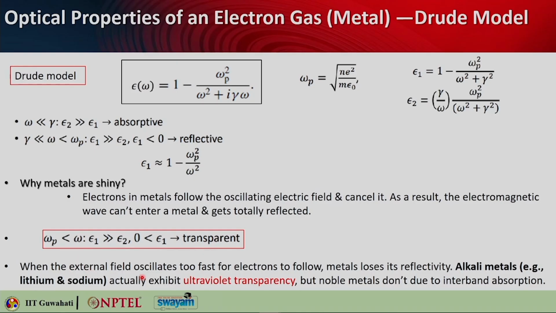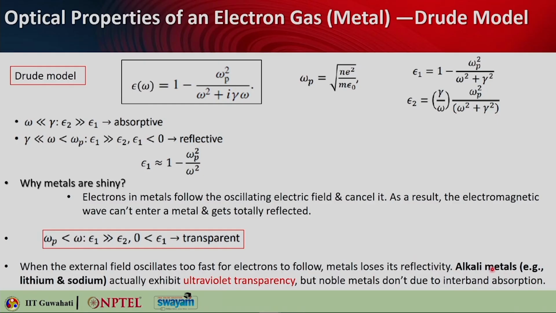When the external field oscillates too fast, that is when the frequency becomes larger than the plasma frequency of that particular metal. So, what is this frequency? This is the frequency of the electromagnetic field that is falling on that metal. Okay. And omega p is the plasma frequency of that metal. So, the metal loses its reflectivity, it is not able to reflect it back, okay, rather it gives up and it allows light to pass through.